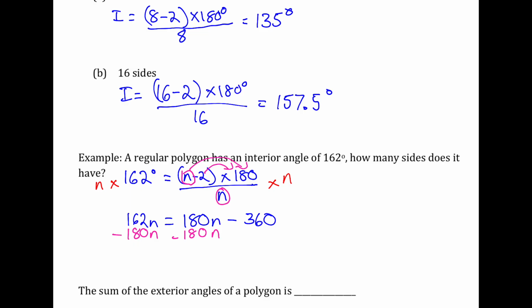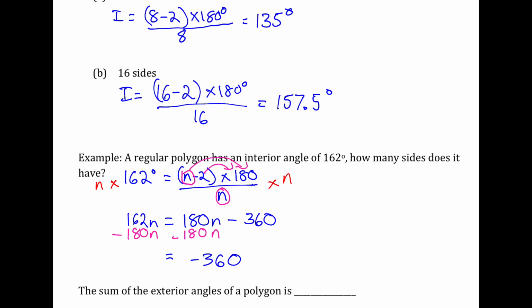Remember, when we're doing solving steps, it always has to be the same on both sides. If it's not the same on both sides, that's breaking the rules of math. So what happens when I take 180 and I subtract 180 from it? What's 180 minus 180? 0. Nothing. So that part goes away and I'm left with minus 360. So I have to write minus 360 on this side.